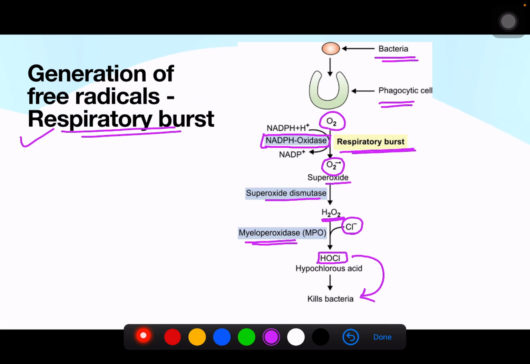So the respiratory burst is involved in the formation of free radicals. As we can see, the NADPH oxidase and superoxide dismutase enzymes are involved in the formation of free radicals like the superoxide anion radical and hydrogen peroxide. Now this is respiratory burst.